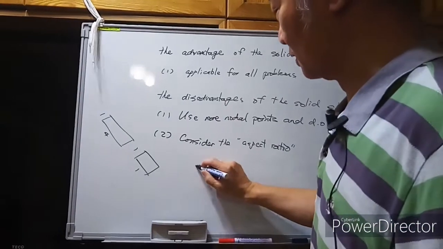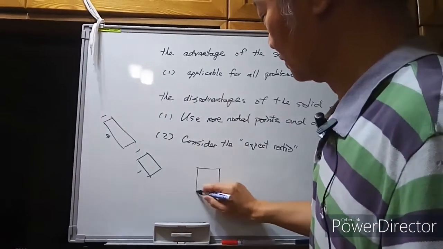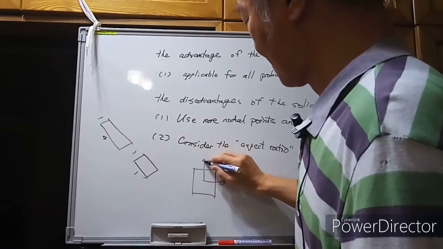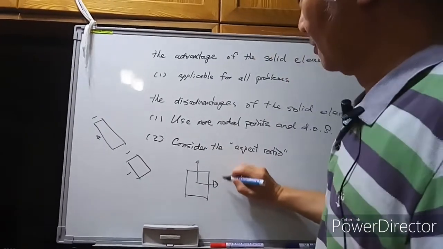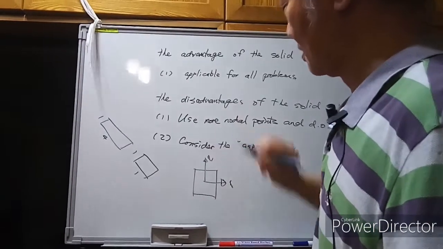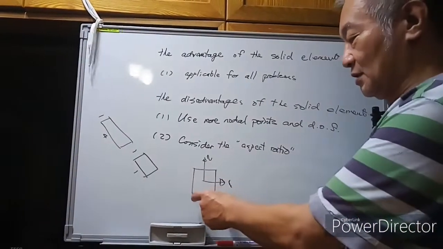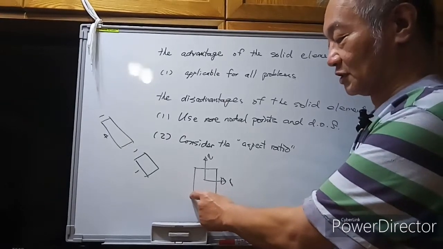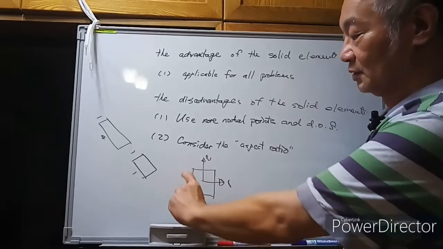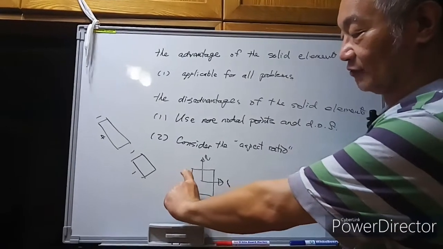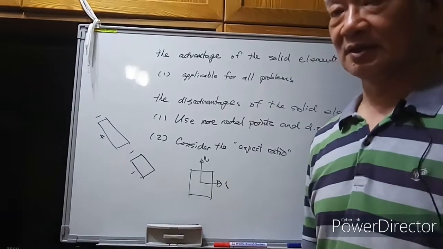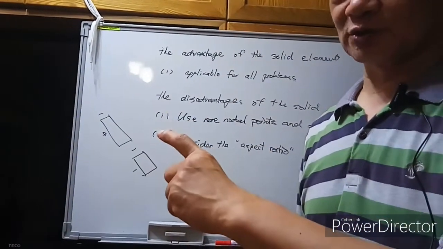The reason is if you check the aspect ratio in the master element, the length is from -1 to +1, so the length is equal to 2. Also, the depth of the element is from -1 to +1, so the depth is also equal to 2.